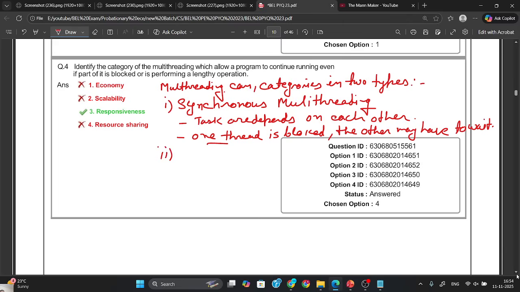Now we have the other one, asynchronous multi-threading. In asynchronous multi-threading, it allows the program to continue execution even if one part is blocked or performing a lengthy operation.